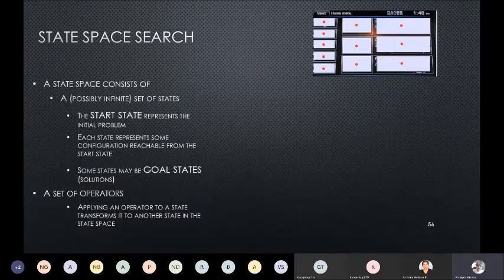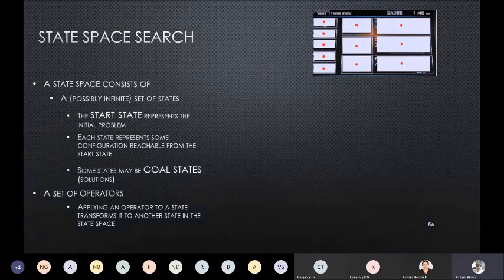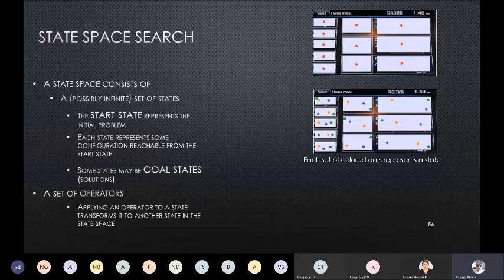What is our operator? That I will reposition one of the red dots. Repositioning of any red dot is my operator, and a new state will be defined by another arrangement of these red dots on this button. So here you can see a set of orange, blue, and green colored dots.